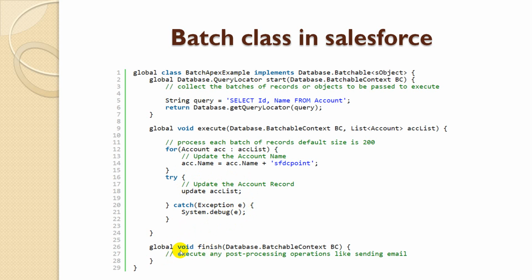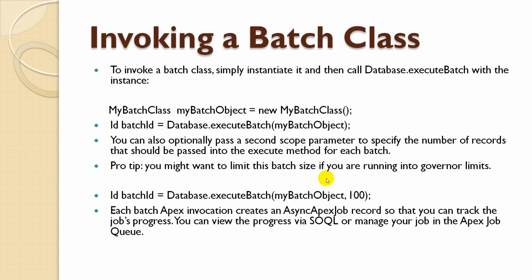After that we have the finish method, global void finish, where you execute any post-processing like sending an email. So, how do we invoke a batch class? To invoke a batch class, simply instantiate it and then call Database.executeBatch with the instance.